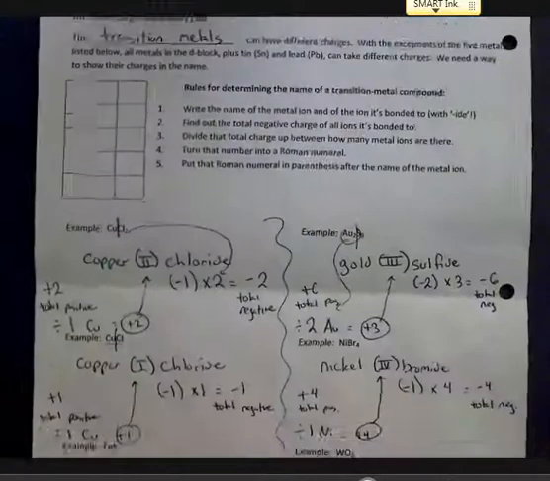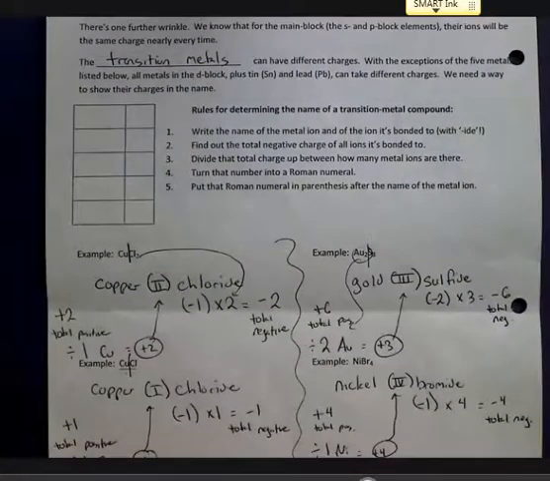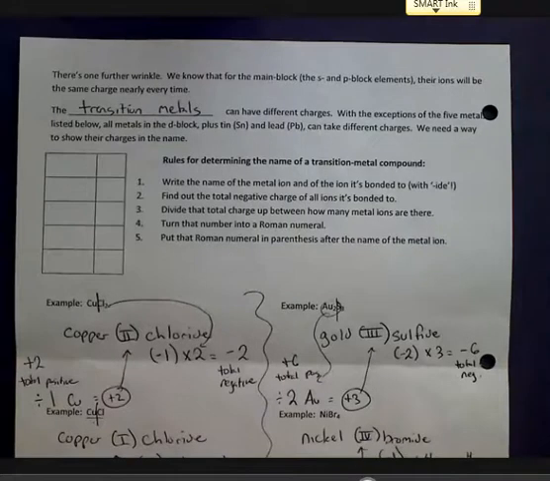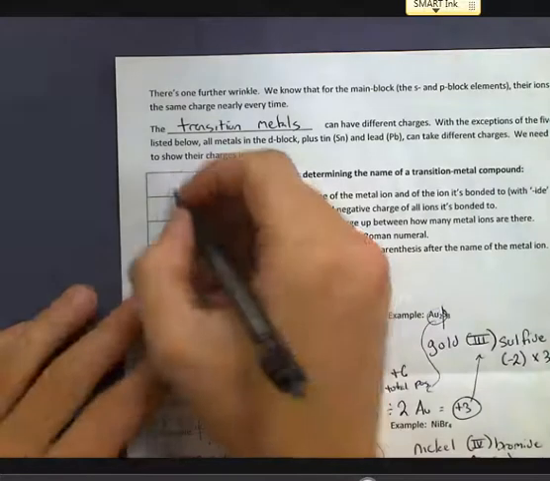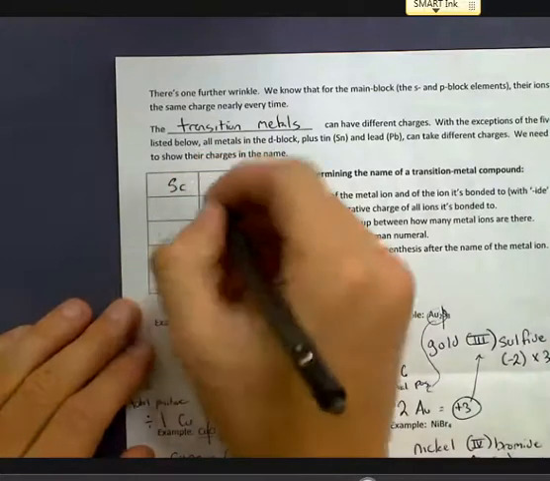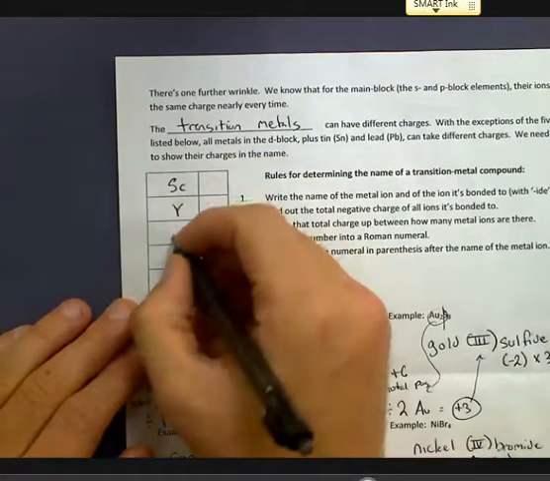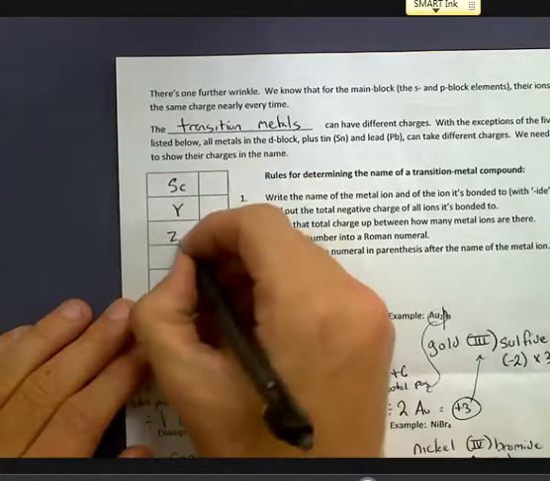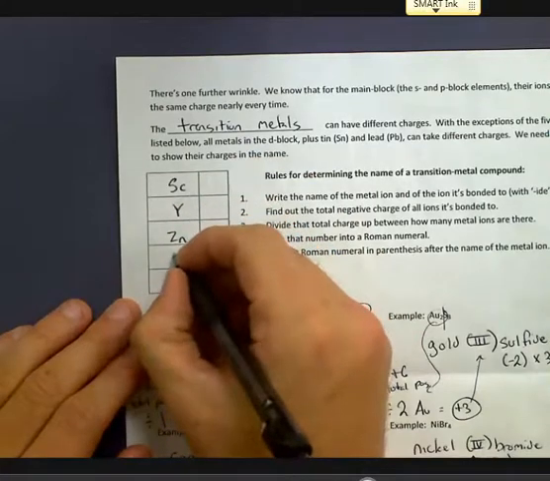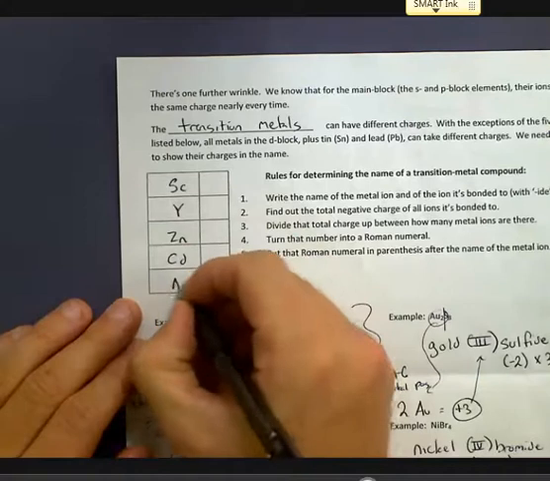There are 5 different elements in the transition block that actually do behave. They are in order: scandium, yttrium, zinc, cadmium, and silver.